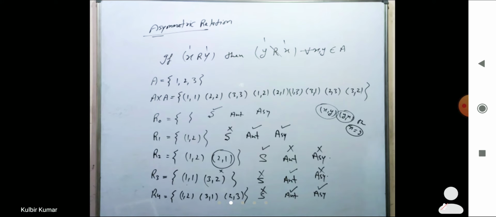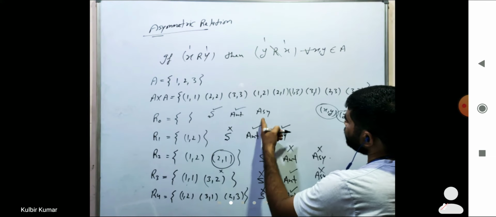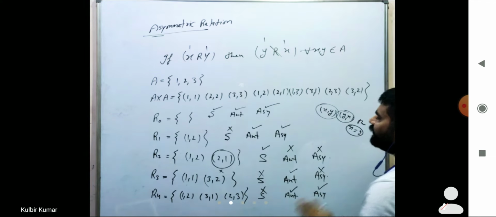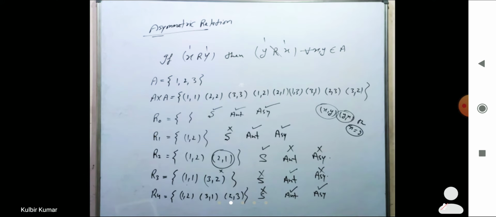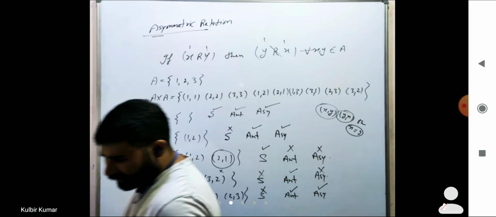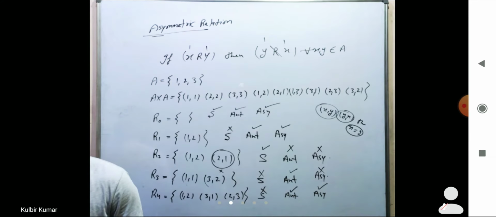Yes, definitely it is anti-symmetric because it is not violating the condition. And same thing is happening in case of asymmetric also. It is not violating the condition. It is asymmetric also, right? So it is symmetric, anti-symmetric and asymmetric also. So empty is failure in case of reflexive. Other than reflexive, it is true.